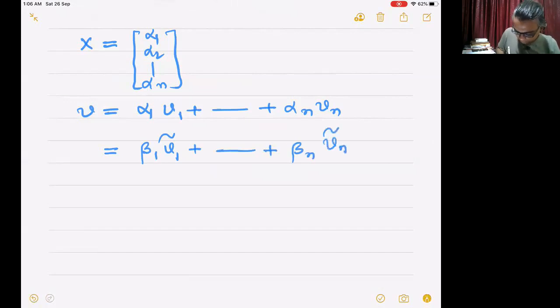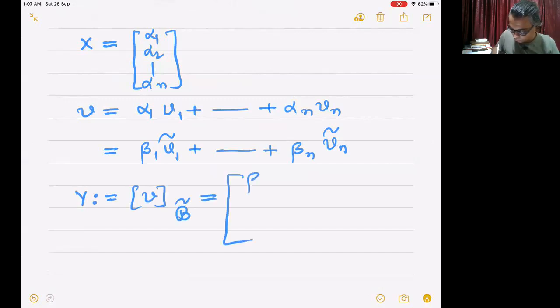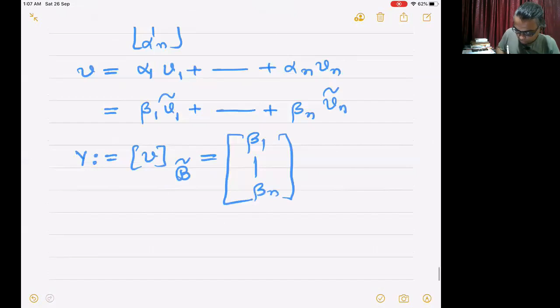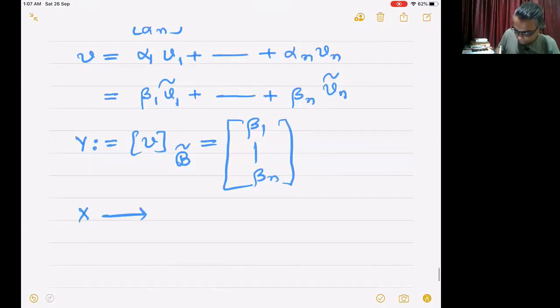Then this means y, which is v's representation in the new basis, must be beta 1 up to beta n. The question is how beta 1 up to beta n and alpha 1 up to alpha n are related. So the question is how to get this map.